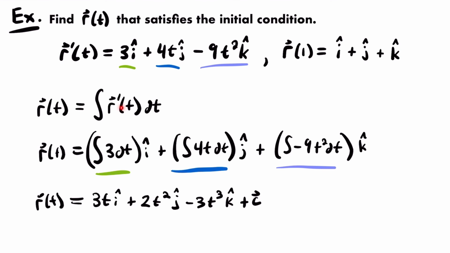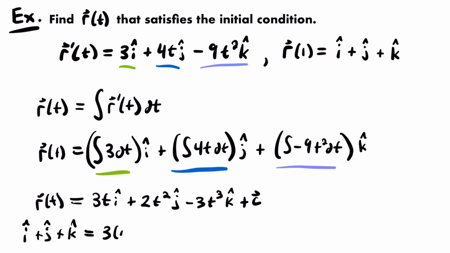When you integrate a derivative, you get back to the original function. So we can now plug 1 into this result and set it equal to what we know it should be equal to. When we plug in 1, we should get i plus j plus k. So I'm going to set i plus j plus k equal to this vector function evaluated at 1.